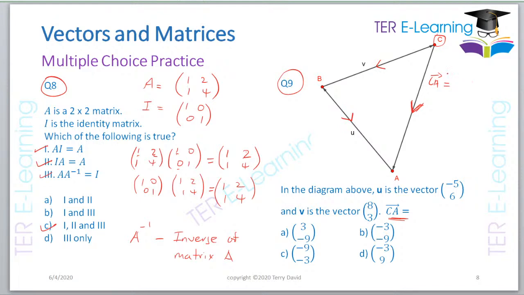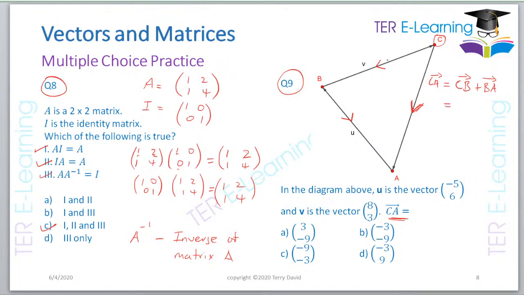So CA, I can go from C to B, so it's CB plus BA. That's the first thing we need to start off: look at the diagram and come up with our vector equation. Now, let's look at the diagram again.